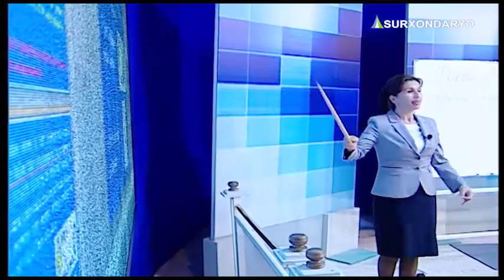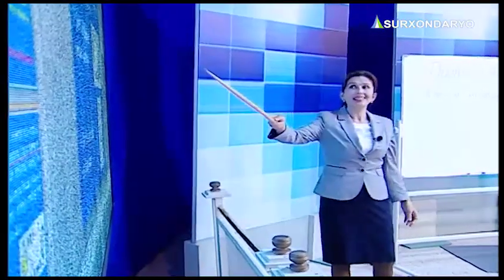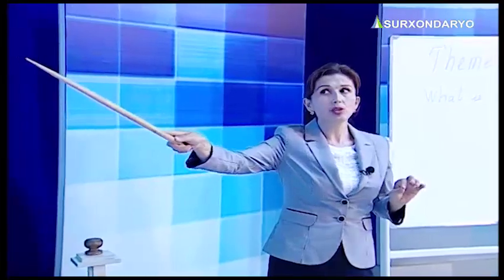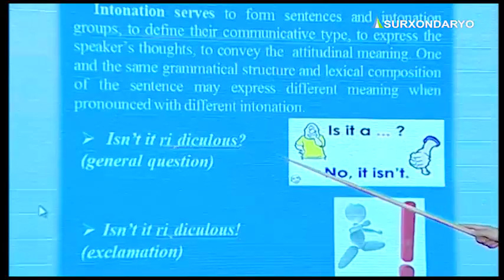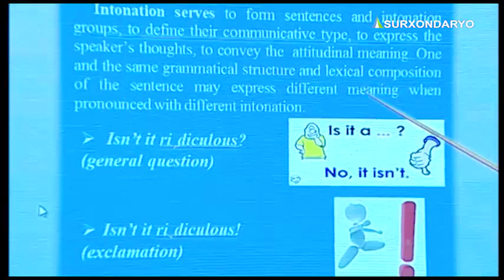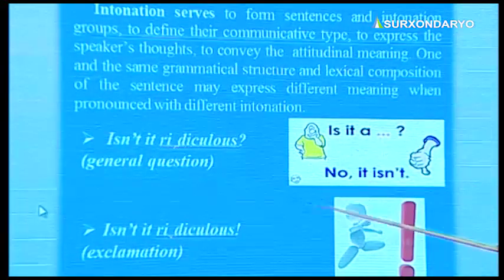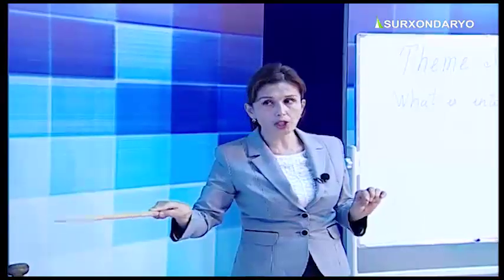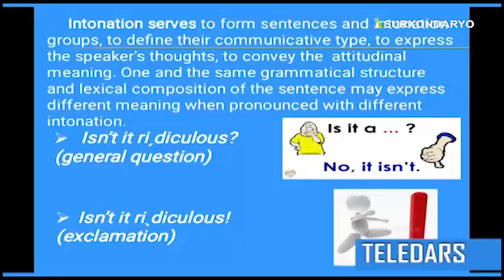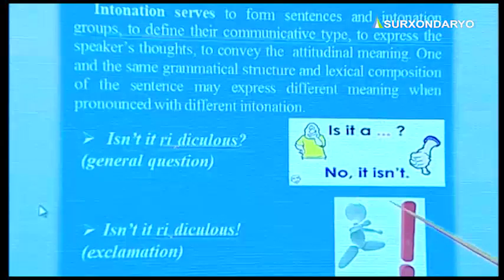For example, let's take "Isn't it ridiculous?" If we pronounce it like a question, it may be like this: Isn't it ridiculous? This is a question. Now we pronounce the same sentence with falling tone: Isn't it ridiculous. So this is an exclamation.